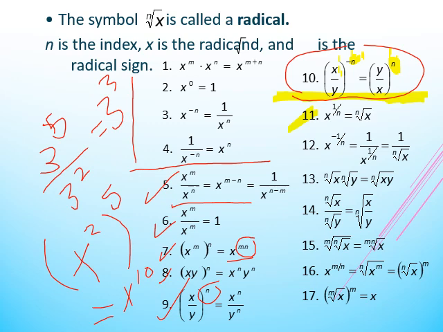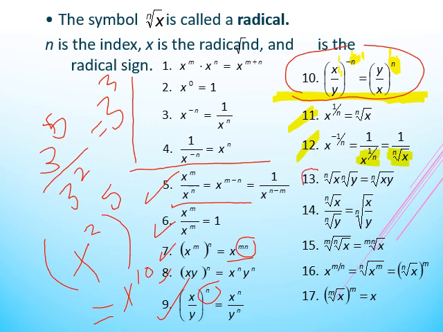The nth root means the root of x with index n. Number 12: if we have a negative exponent and want to get rid of it, we convert it to a positive one by using 1 over x to the power 1 over n, and then convert the exponent to the radical sign.